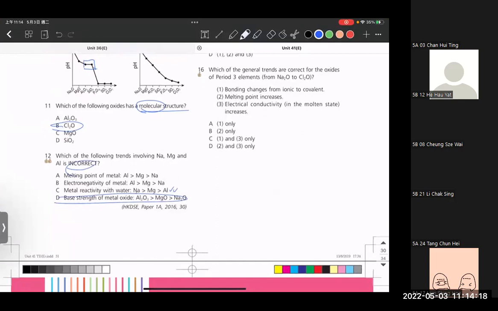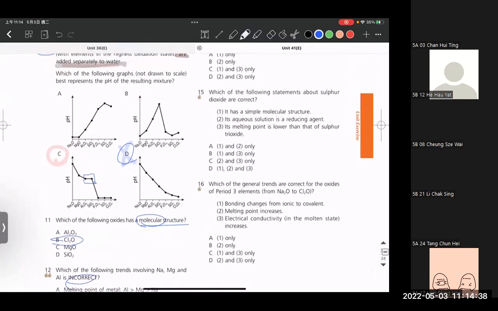It will be lost so readily. Incorrect. Choose the incorrect answer. So basic strength of the metal oxide will be in this order? No, quite the opposite. The most basic oxide can be found in group 1, while the base strength of the metal oxide decreases instead across the period.